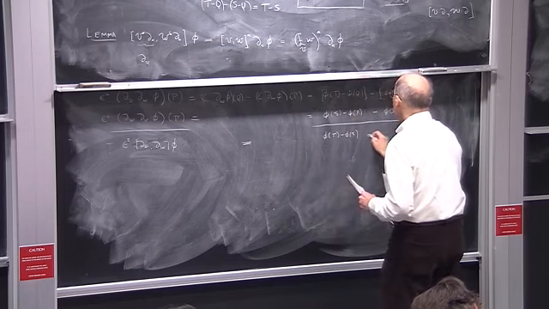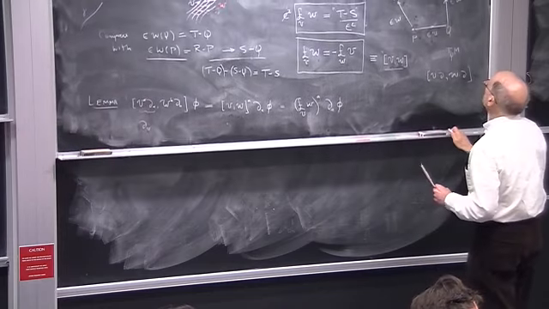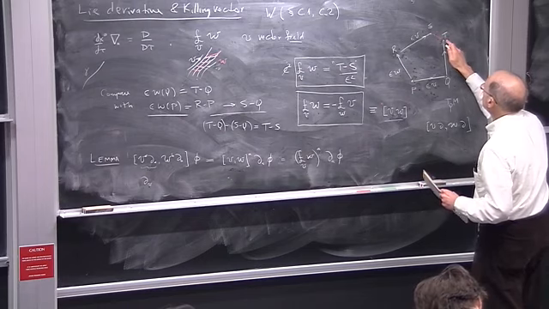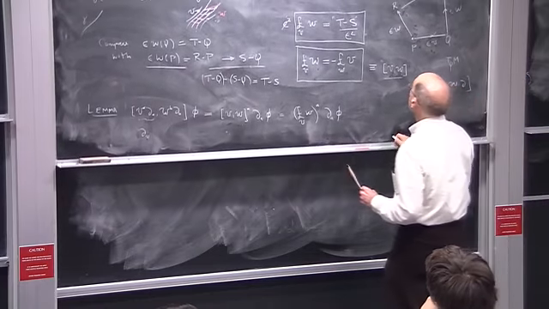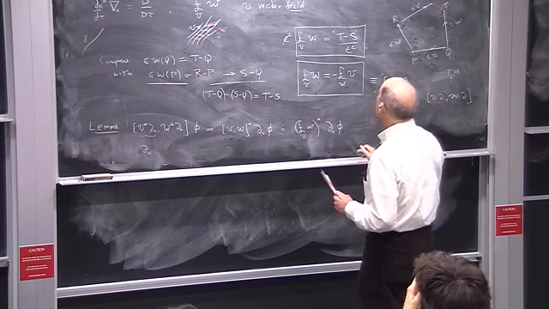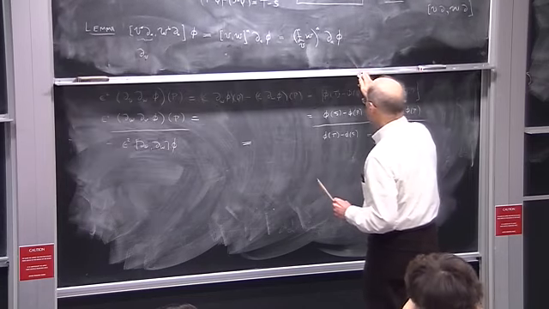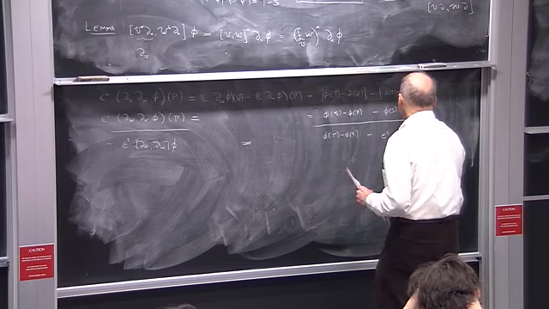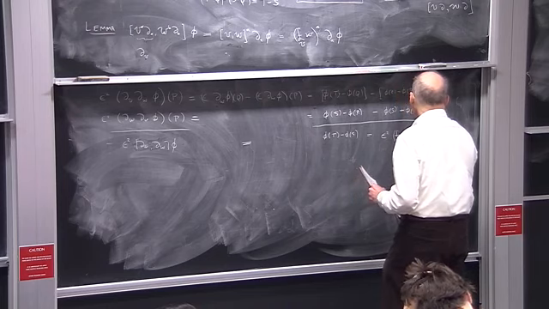But phi of T minus phi of S is by definition the derivative of phi along this vector from S to T. And that vector from S to T was epsilon squared times the Lie derivative of V with respect to W. That whole thing, partial A phi.